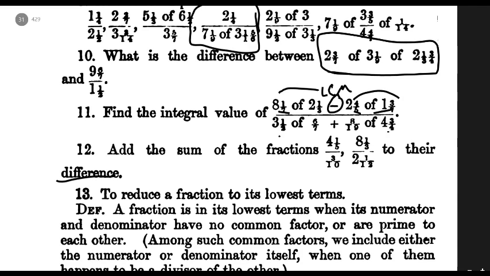Improper fraction, multiply numerators and denominators, least common multiple so you can add. And then you would divide the numerator by the denominator, so numerator inside, denominator outside. Hopefully that will give you an integer, a whole number. Okay, so add the sum of the fractions of those two fractions.